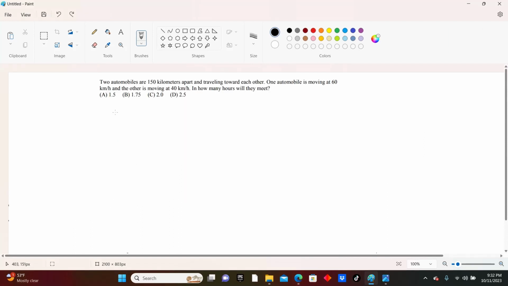Okay, this question says two automobiles are 150 kilometers apart and are traveling towards each other. One automobile is moving at 60 kilometers per hour and the other is moving at 40 kilometers per hour. In how many hours will they meet? Okay, so if I illustrate this, let's say this right here is automobile 1.